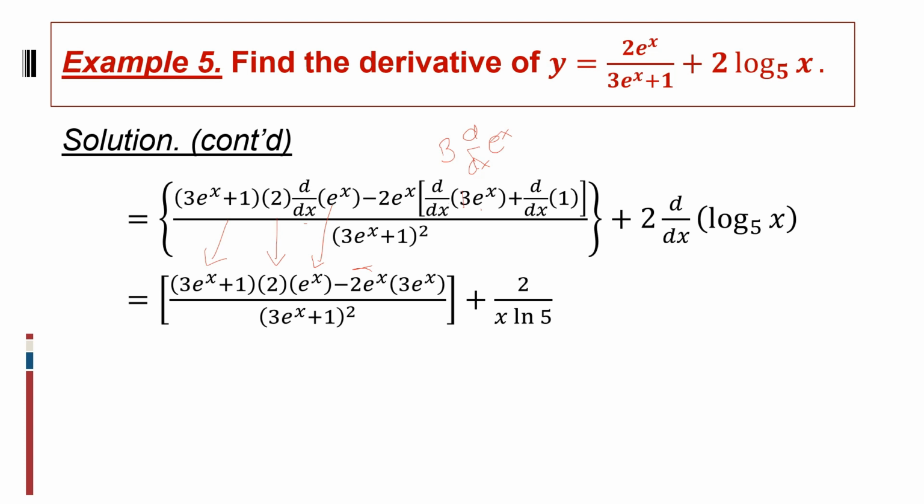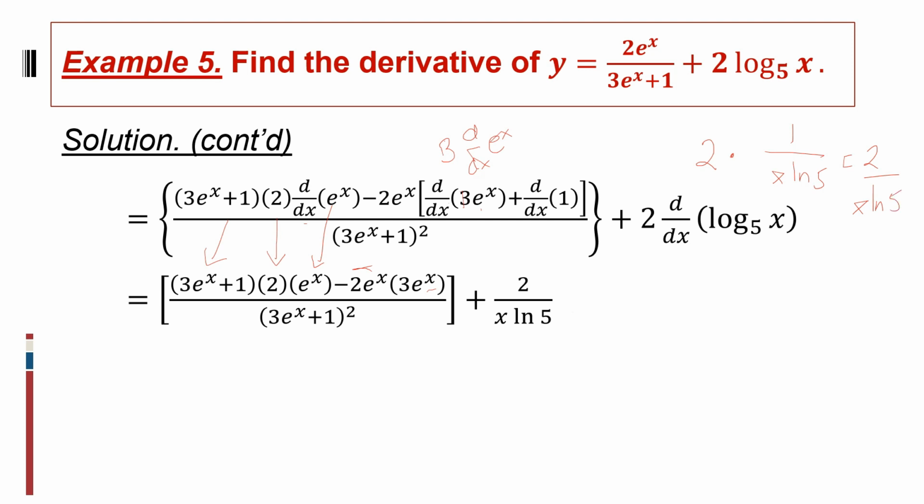So, 3 lang siya, times derivative nito is e raised to x, kaya 3 times e raised to x. Plus, derivative ng 1 is 0, kaya ganyan na lang siya. Over 3 times e raised to x plus 1 squared. Plus, ano ngayon yung derivative nito? We have 2 times 1 over x ln 5, or that is 2 over x ln 5.